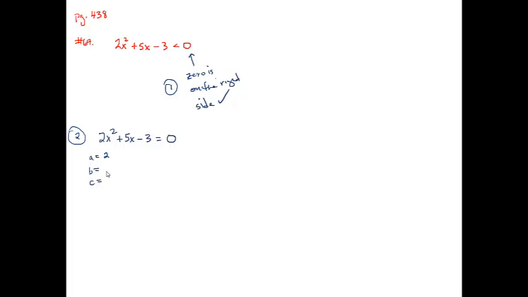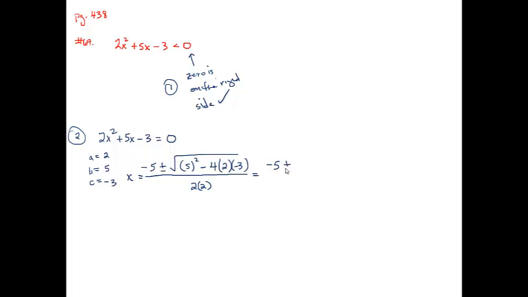My a is 2, my b is 5, and my c is negative 3. Negative 5 plus or minus the square root of 5 squared minus 4 times 2 times negative 3, all divided by 2 times 2.